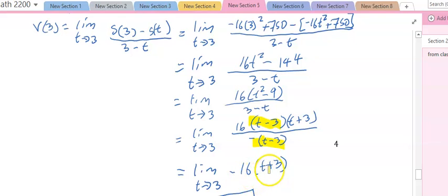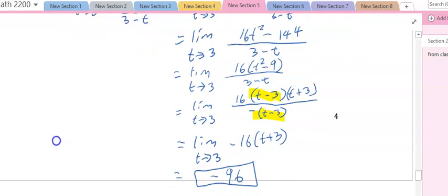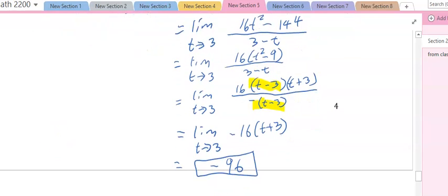Now we reach a stage where we can plug in the 3 for t because we do not have a denominator issue anymore. So that would be negative 16 times 3 plus 3, which is 6.